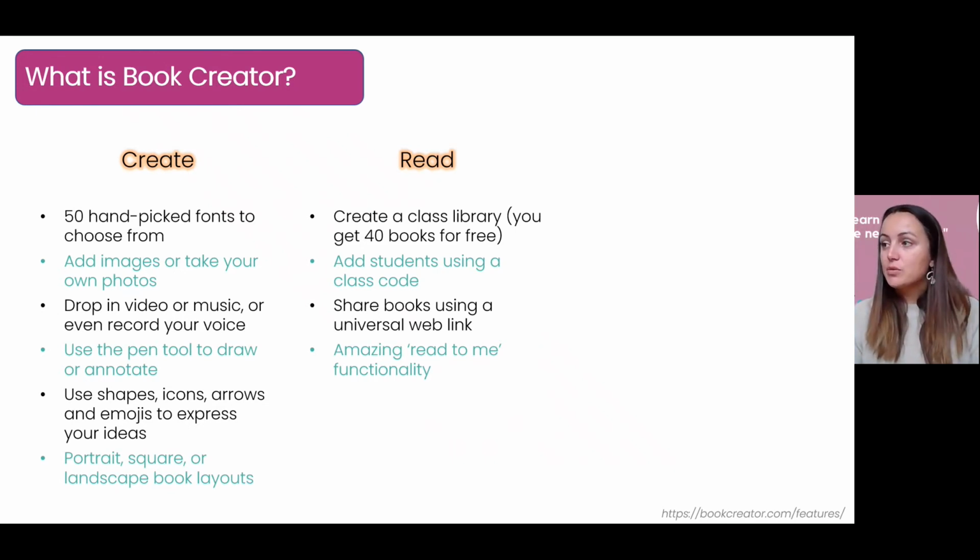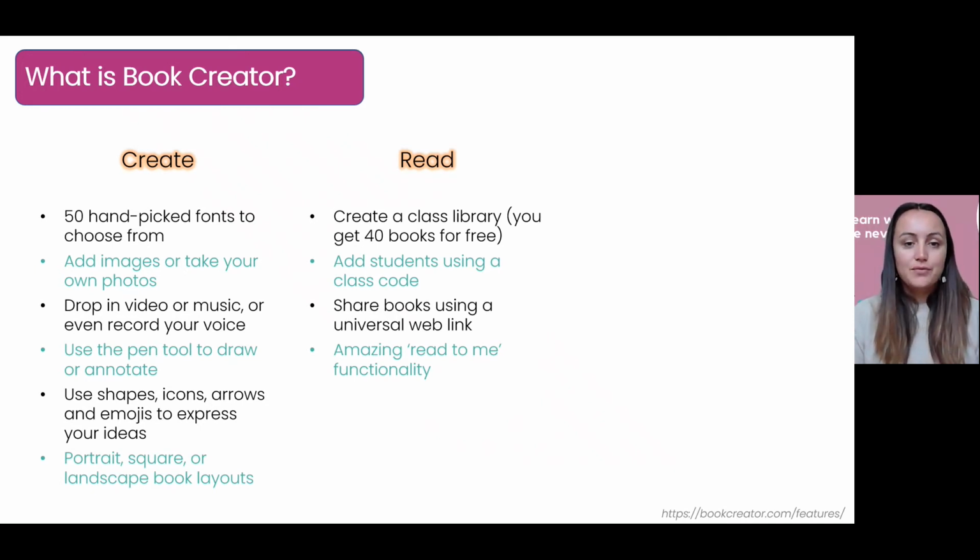You can share books using a link, which is another fantastic feature. Once you've created and published a book online, you can just copy the URL and anyone who has that link can access the book. So everything that you change within the book from that point onwards, it's real time.